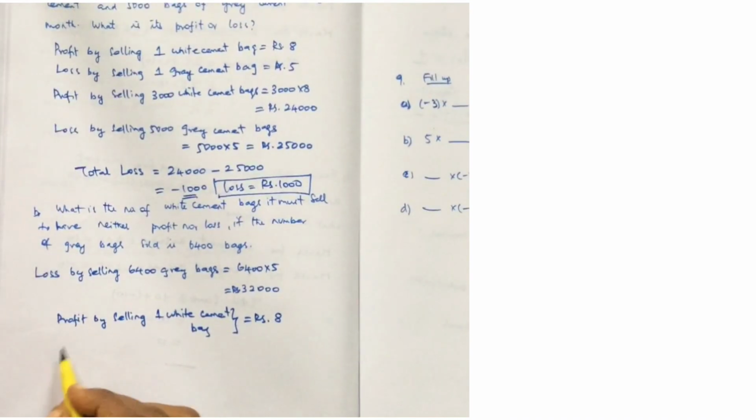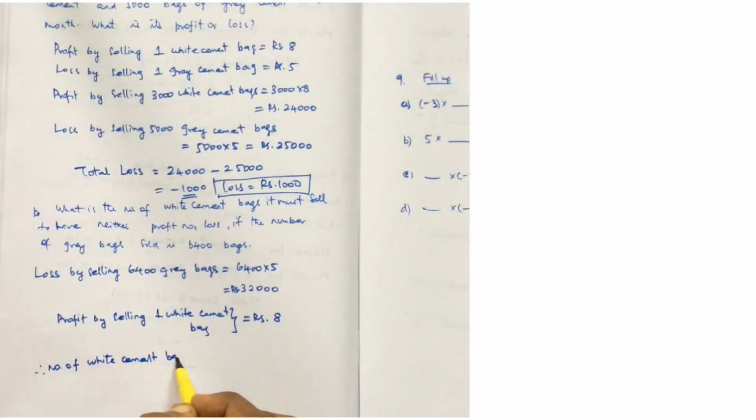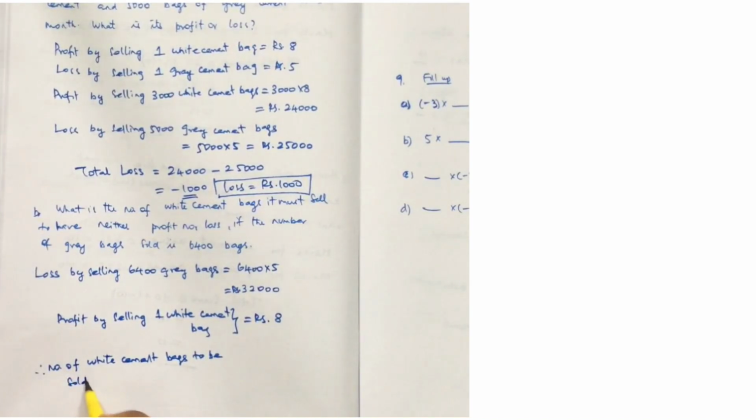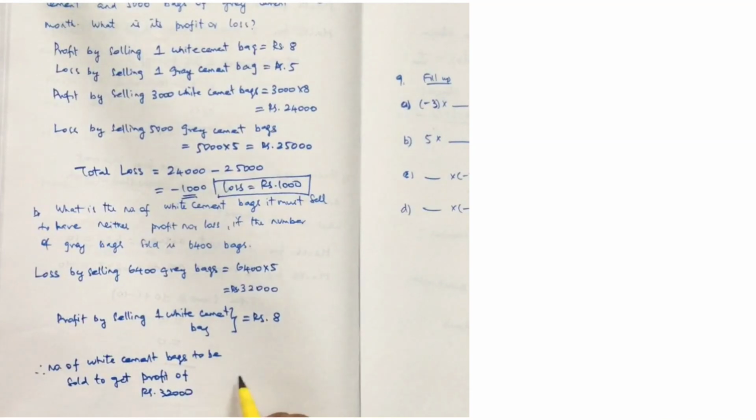Now the number of white cement bags to be sold to get a profit of rupees 32,000, this is what we have to find.